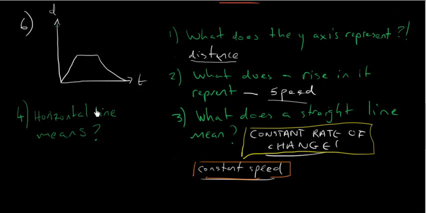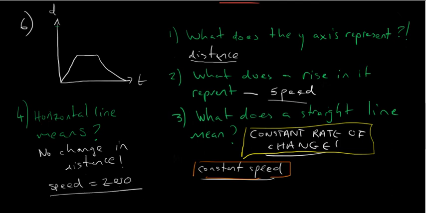But at the beginning, it's really useful to ask yourself these. So what does a horizontal line mean? No change in distance. So if there's no change in distance, then the speed is 0, because it's just not moving. So that's what a horizontal line means on the distance time graph.